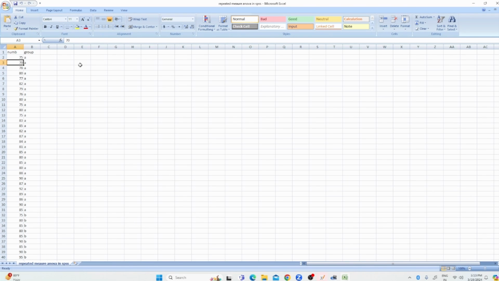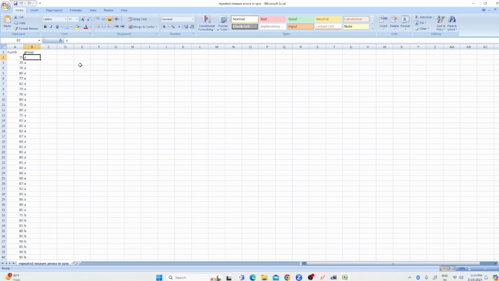So, please see, there are 3 groups A, B and C. Now, please again understand, here if you see the data looks like as if it is an independent sample t test, independent sample ANOVA. Why? Because the data is again in 2 columns, one is the marks and another is the grouping.